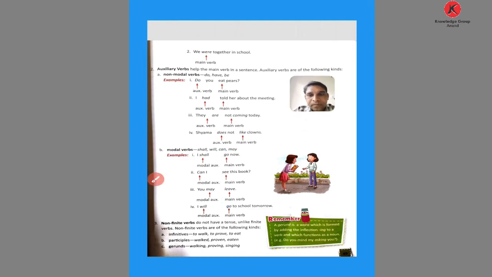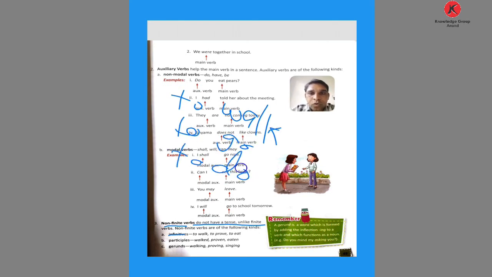Okay. Now comes the non-finite verb. Non-finite verbs do not have a tense, unlike finite verbs. Infinitives means using to before the verb. To walk, to go, to do, to read, after the main verb.